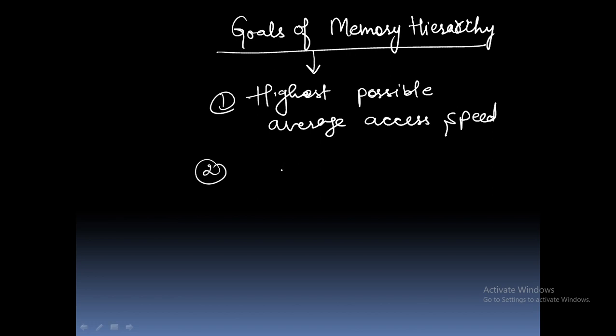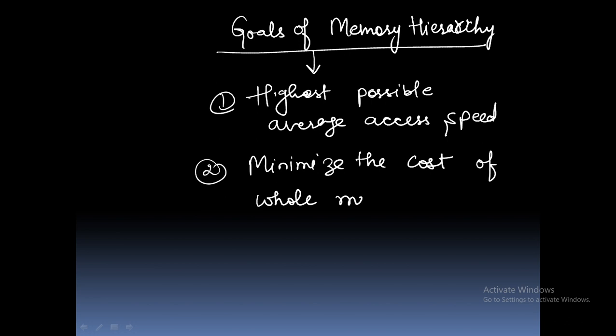The second main goal is to minimize the cost of the whole memory system. These two are the main goals of memory hierarchy.